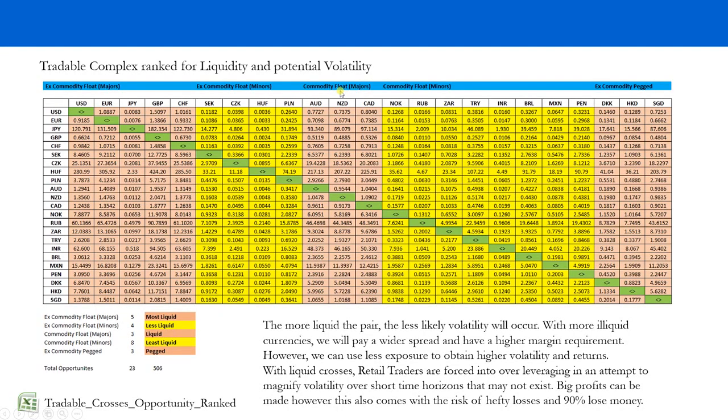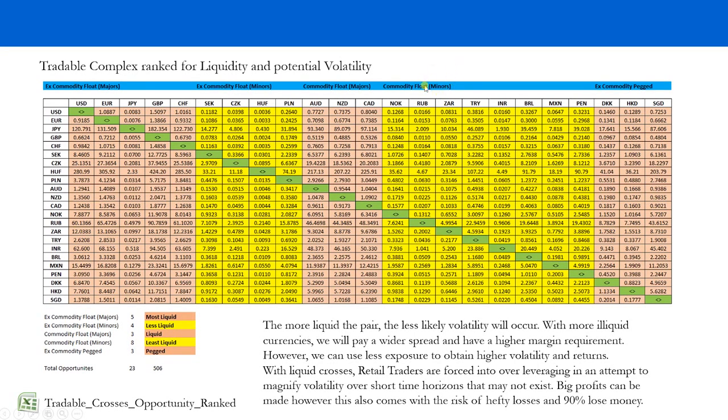We also then split up by commodity float majors and commodity float minors. So the commodity float majors, so majors as considered by retail brokers, are floating regimes, and the value of the currency depends very heavily on the prices of one or two international commodities.